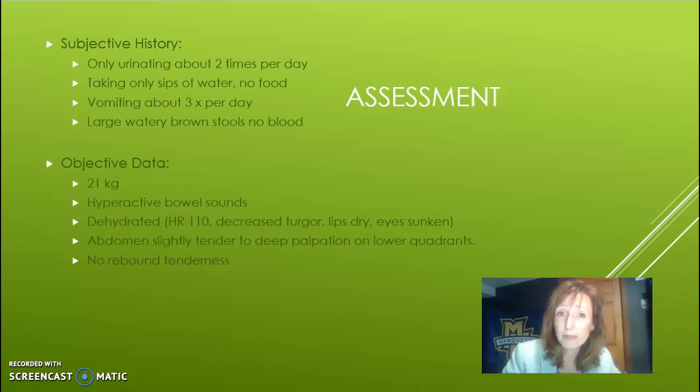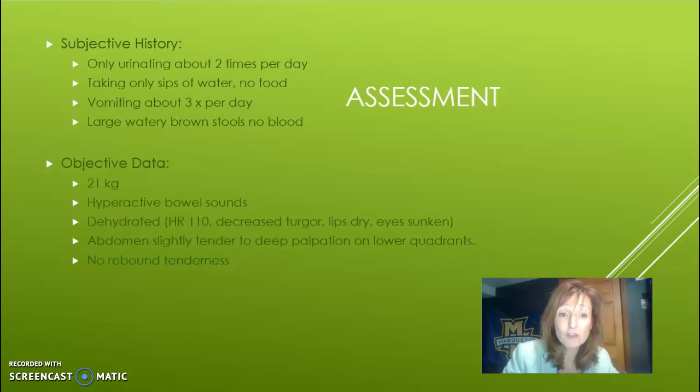Vomiting about 3 times a day, which is a lot. And large amounts of watery brown stools, but there's no blood in the stool, which is good. But again, it looks like the child is losing a lot of fluids from that vomiting and diarrhea, and they're not replacing it with enough fluid.